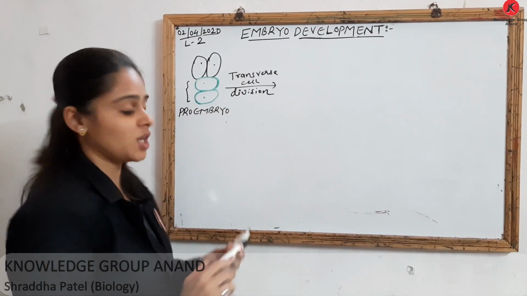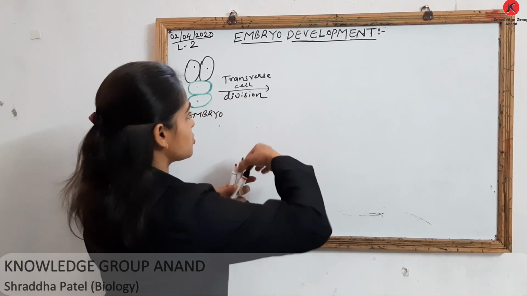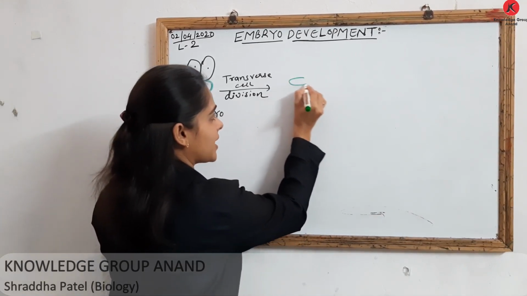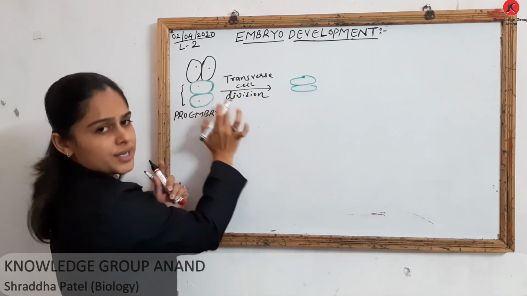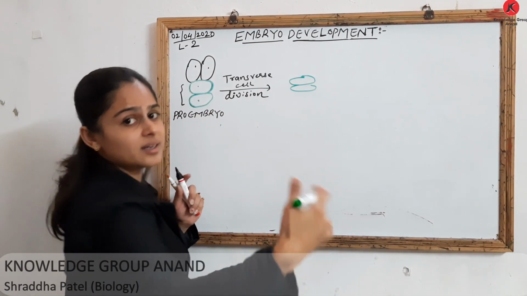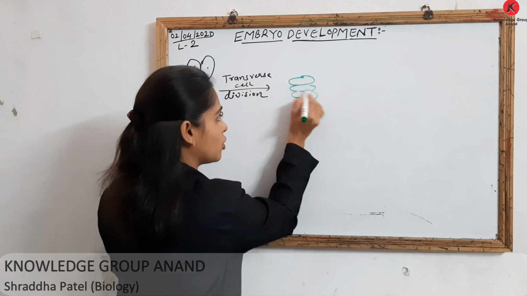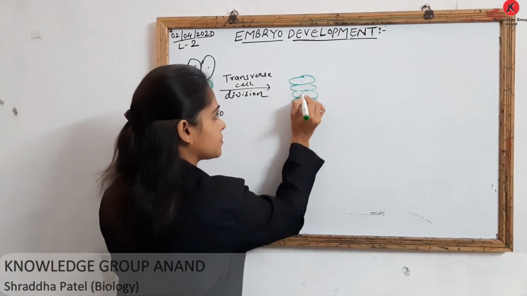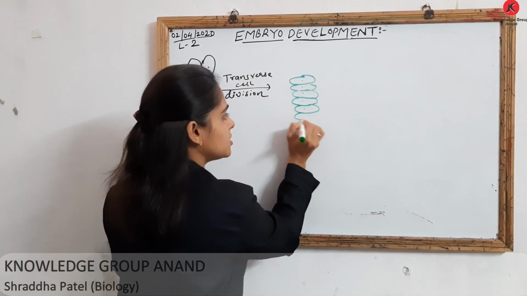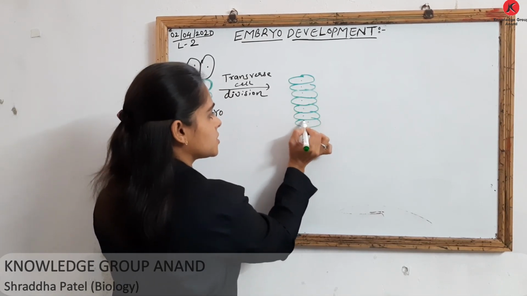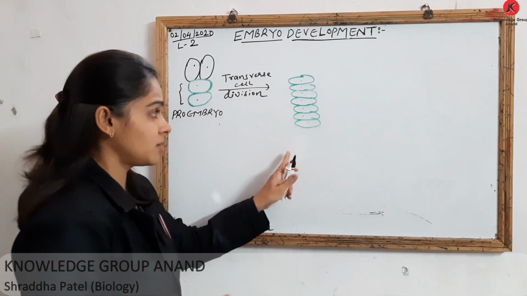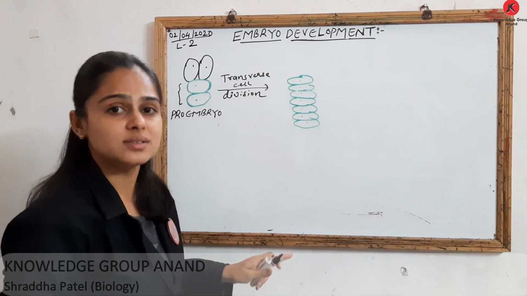To form a mass of cells. Am I clear? Can you see this? Basal cell, 1 becomes 2, 2 becomes 4, 4 becomes 8, like that, right? This undergoes transverse cell division to form your 8 to 10 cells.